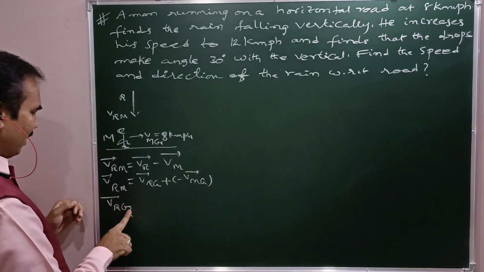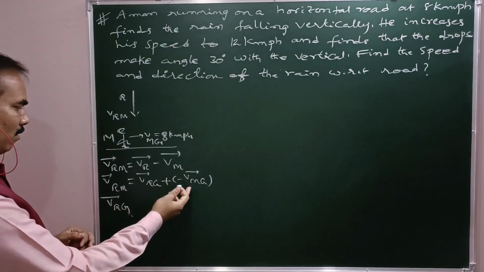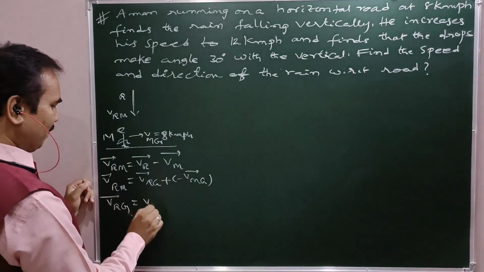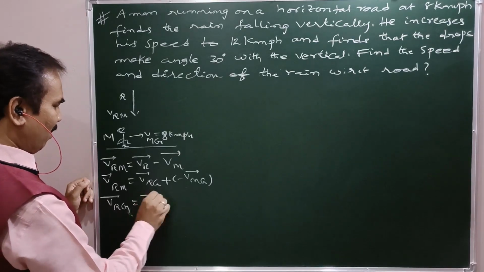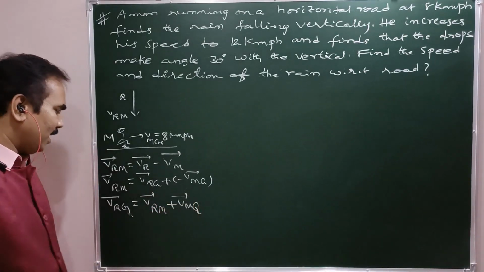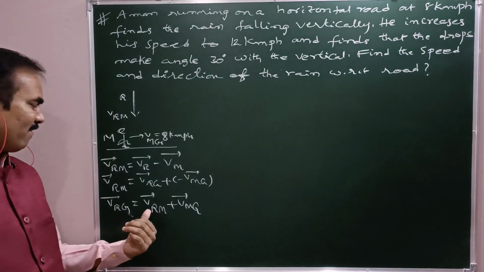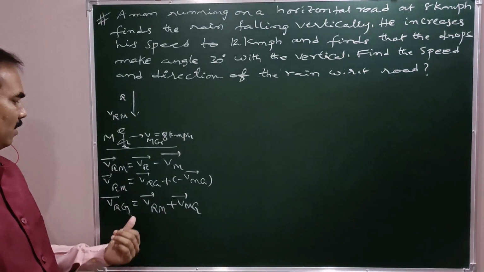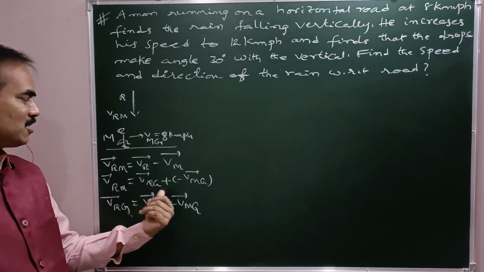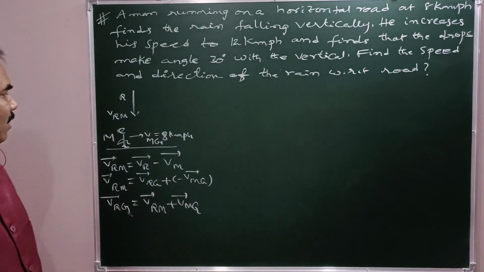If I make it subject VRG bar equal to, carry this minus VMG onto LHS, that is VRM bar plus VMG bar also, right? So VRG bar is the resultant of VRM and VMG. Of course, VRM is the resultant of VRG and minus VMG, right?